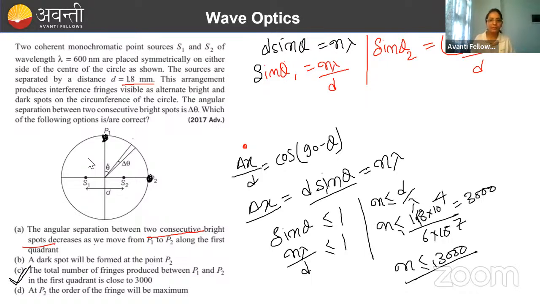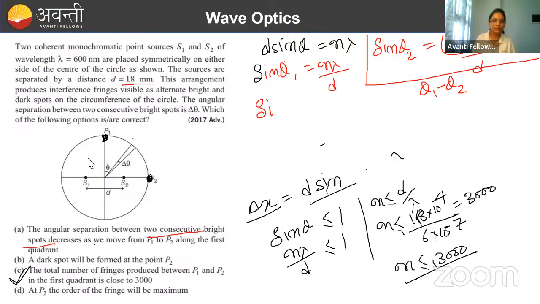But here we can't find it directly; we can use some mathematics to make the calculation easy and reach the answer.